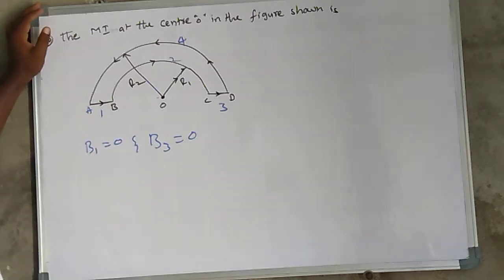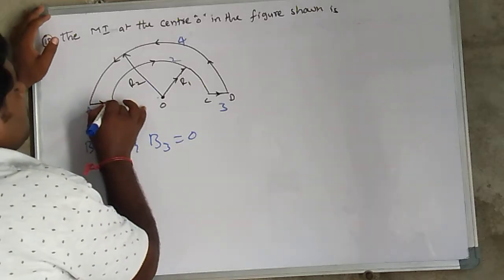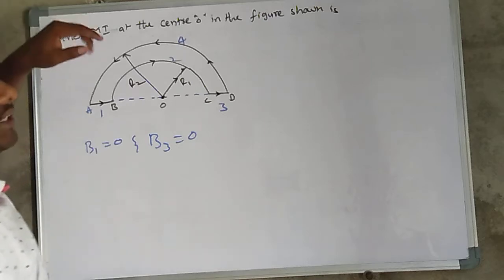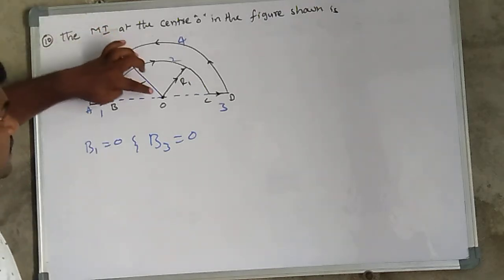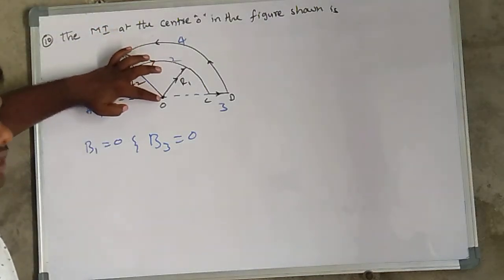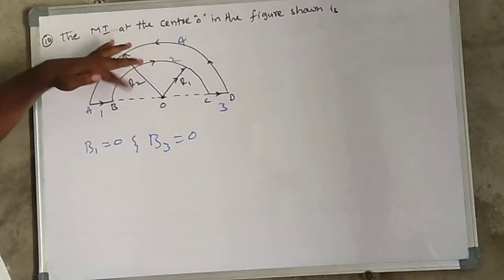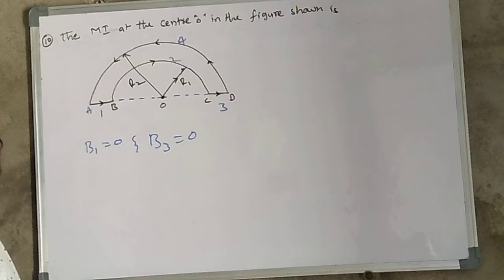Why? Because the extended line of the straight wire coincides with the point, so the angle between the wire AB and CD is 0. According to the Biot-Savart law, angle 0 means the magnetic field is also 0.